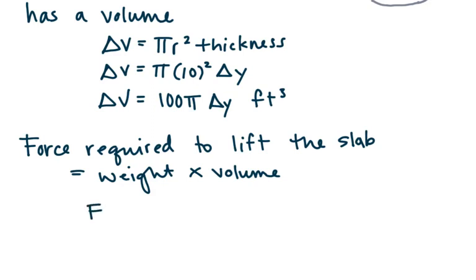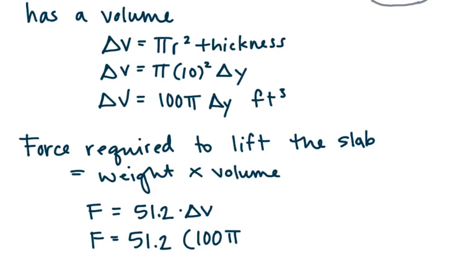So the force is that weight density, 51.2, times delta V, or 51.2 pounds per foot cubed times 100 pi delta y. And that's in pounds. And, again, think about your units. For my weight density, I had pounds per foot cubed times my volume, foot cubed. That's how I know I have pounds here.